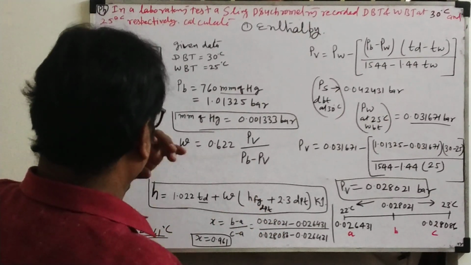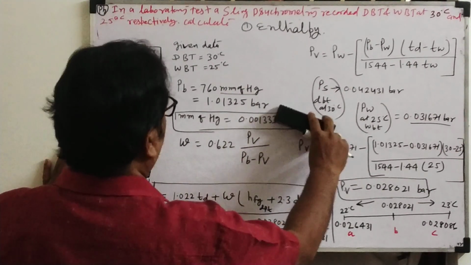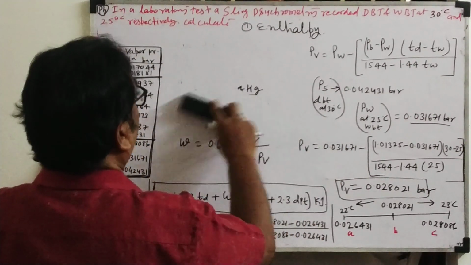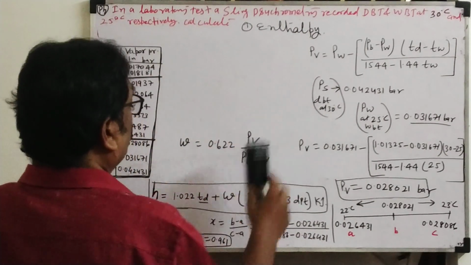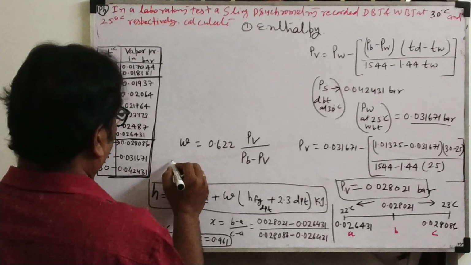Okay, now the three steps I will write again here. This part I will rub out now. The given data is not required now. First we will calculate the specific humidity.